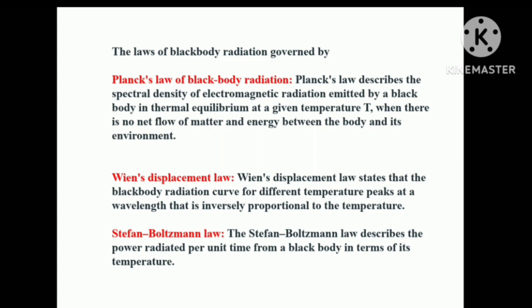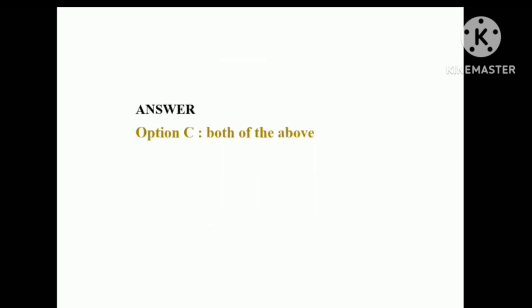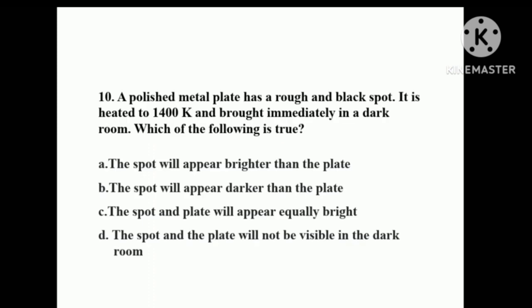Wien's displacement law states that the black body radiation curve for different temperatures peaks at a wavelength that is inversely proportional to the temperature. Stephen-Boltzmann's law describes the power radiated per unit time from a black body in terms of its temperature. Hence, the correct answer is option C, both of the above, Planck's law and Stephen-Boltzmann's law.